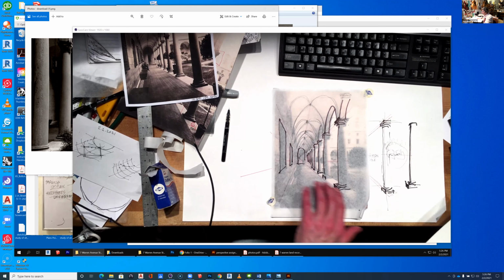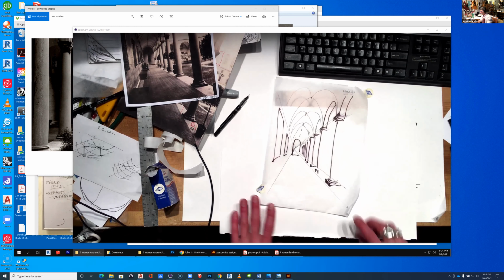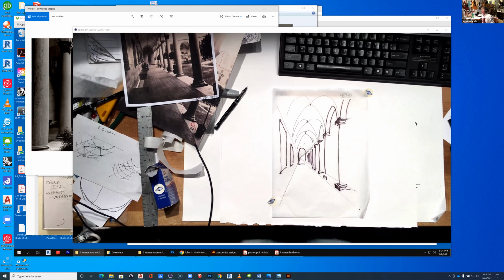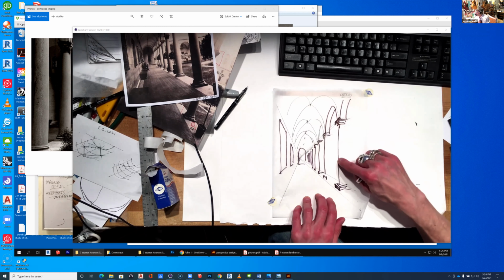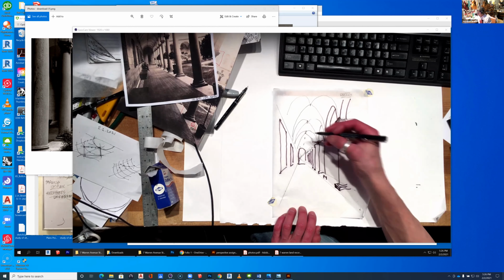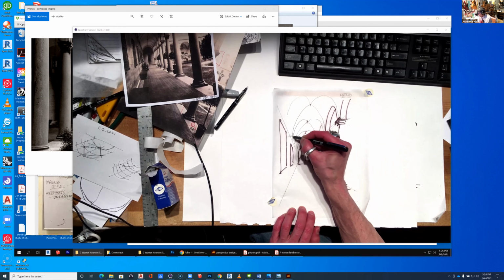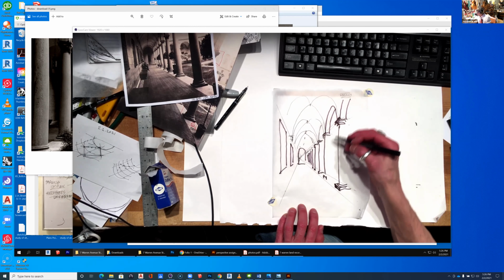Finally what you have is something that looks kind of like this. Hopefully you don't have to do thick and thin lines as I did. Preferably you could draw some of these elements that you saw on the wall.